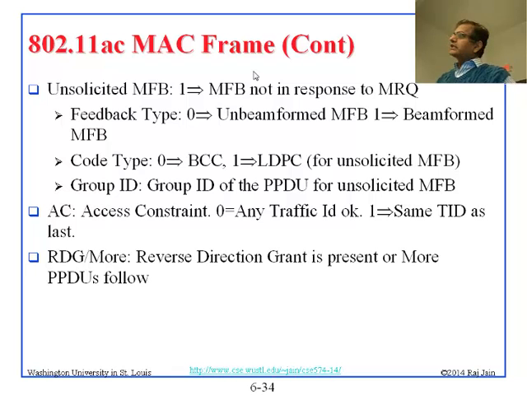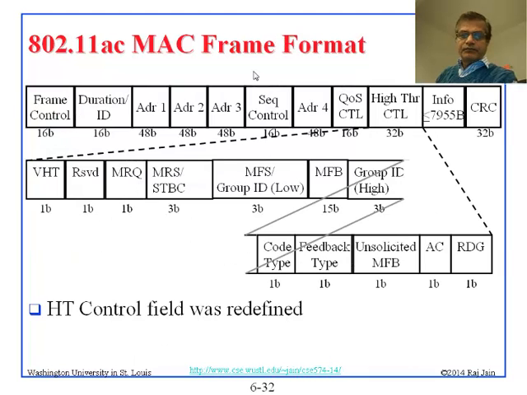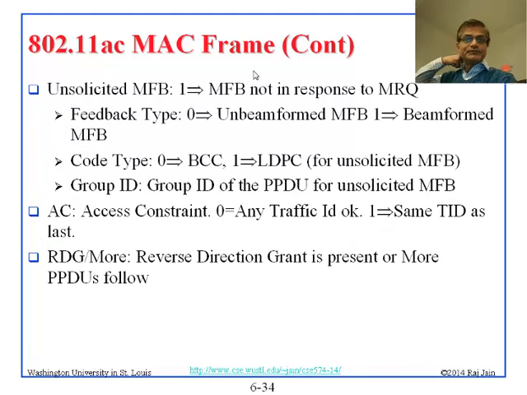So I am sending you this because you didn't ask for it, and therefore this bit will be set to 1. And that is this 1 bit, unsolicited MFB. When this bit is set to 1, it means you didn't ask for it.